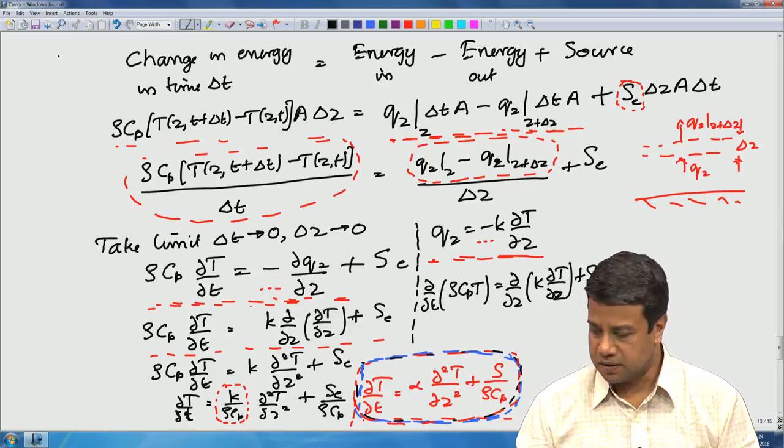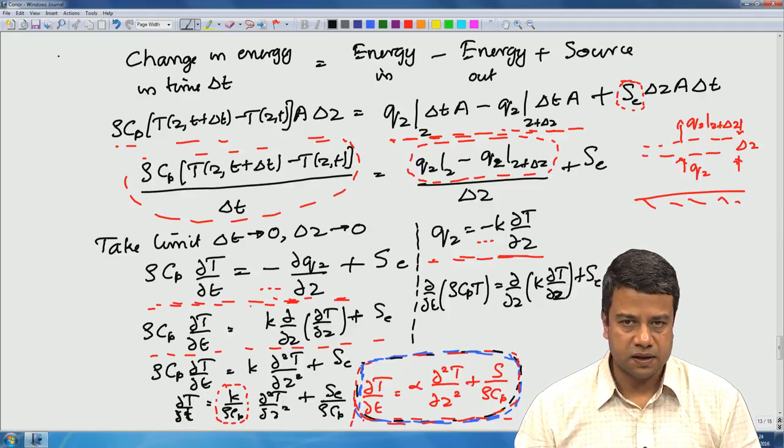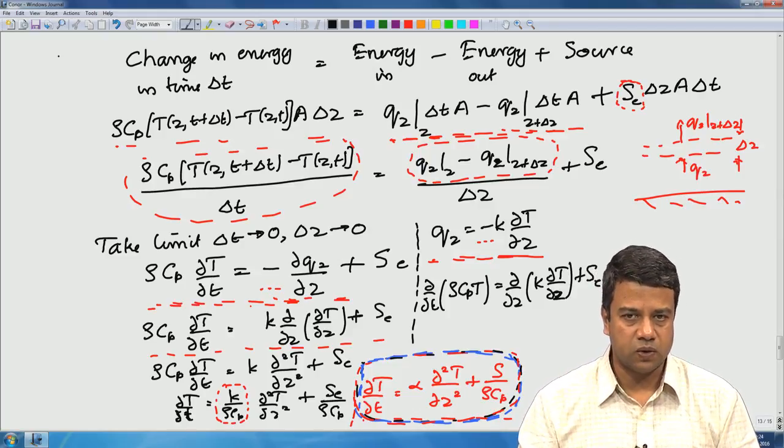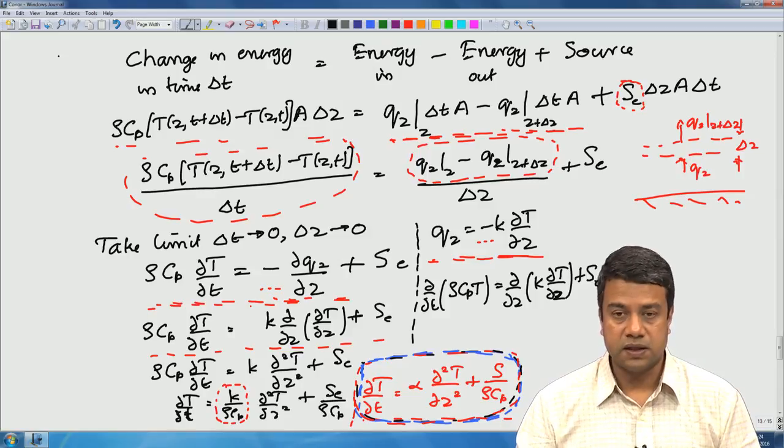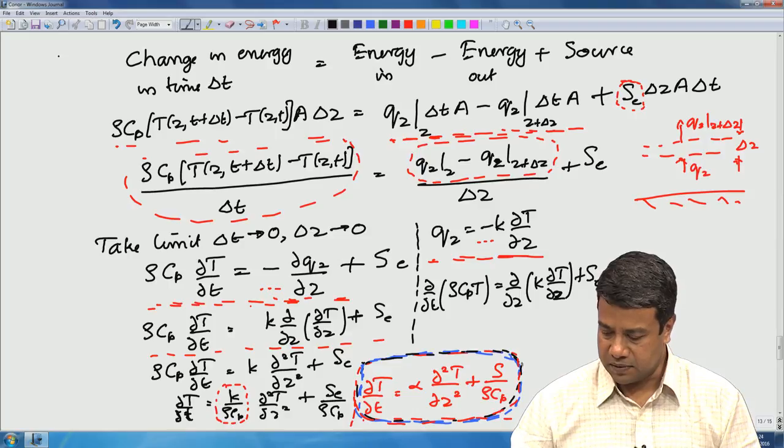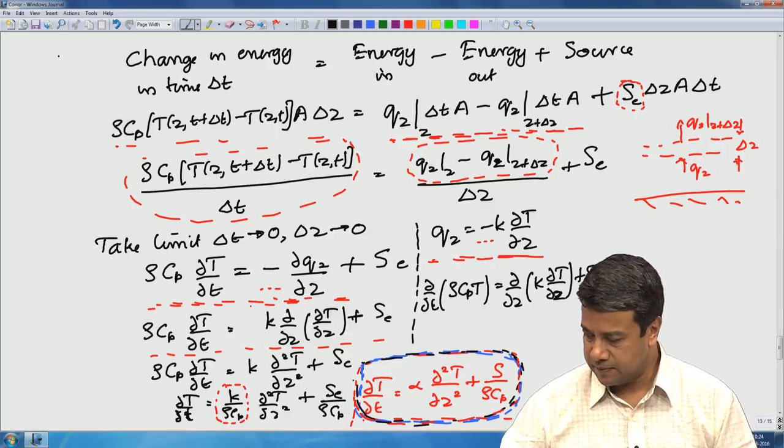So, that is how the equation would look if the thermal conductivity and the specific heat were dependent upon position. When these are constants for a fluid, you will get the diffusion equation.